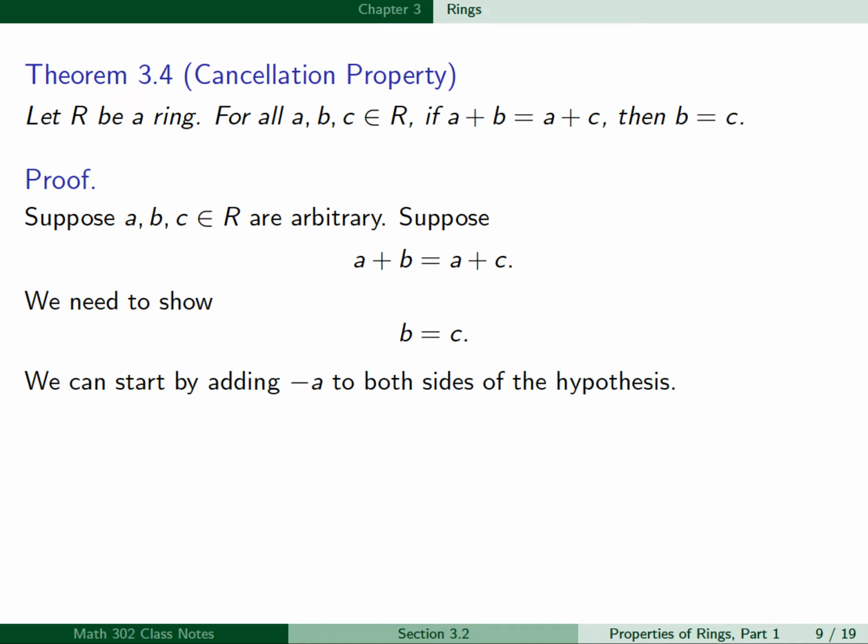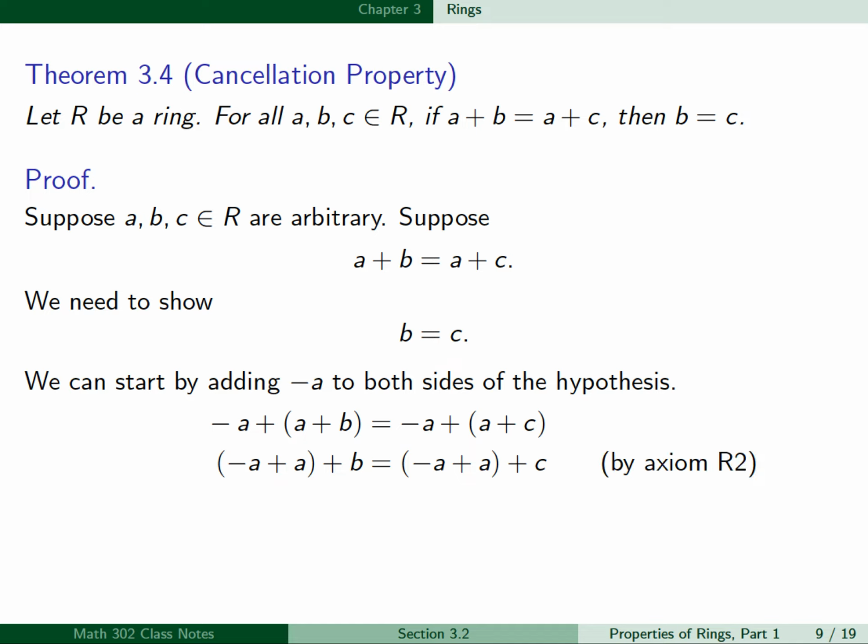So we can start by adding minus A, the additive inverse of A, to both sides of the hypothesis. So this will be minus A plus the quantity A plus B is equal to minus A plus the quantity A plus C. Next, we can rearrange our parentheses using the associative law of addition. So this will be the quantity minus A plus A, plus B, equals the quantity minus A plus A, plus C. So that's axiom R2.